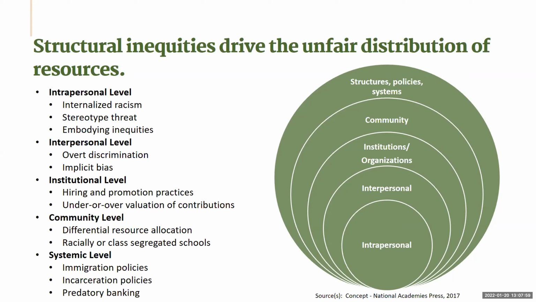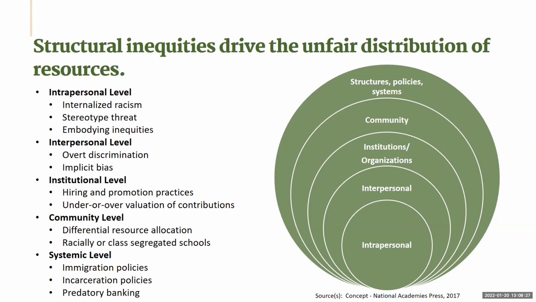Those types of interpersonal or social interactions can impact health outcomes or other equitable sorts of outcomes. At the institutional level, we think about hiring and promotion practices or under or over valuation of contributions. Those are things within organizations that can impact the outcome of individuals who experience those.